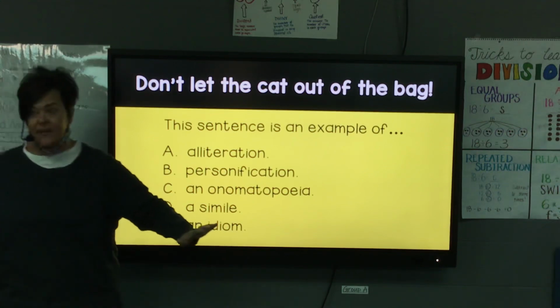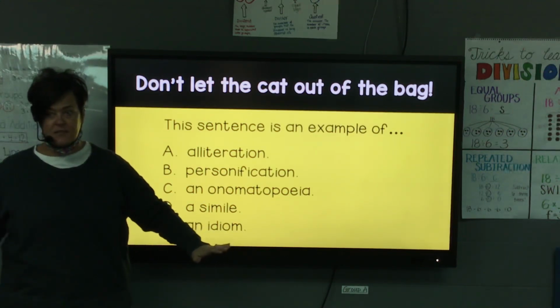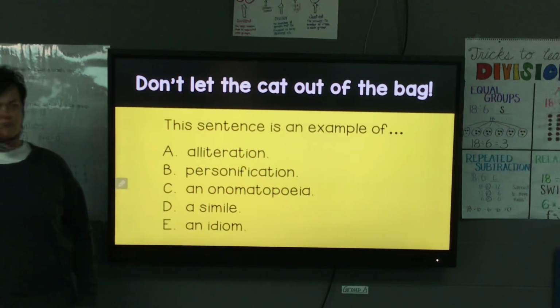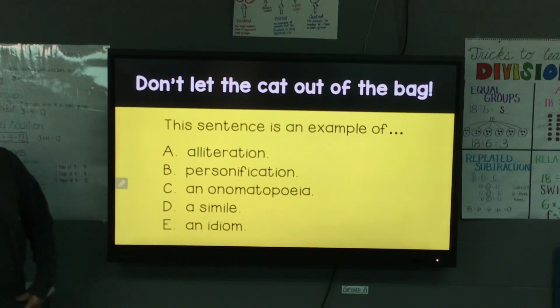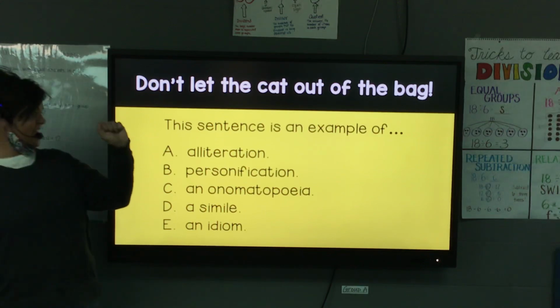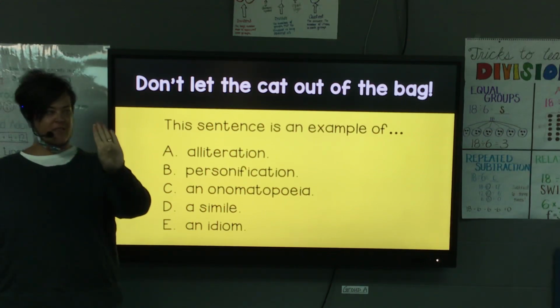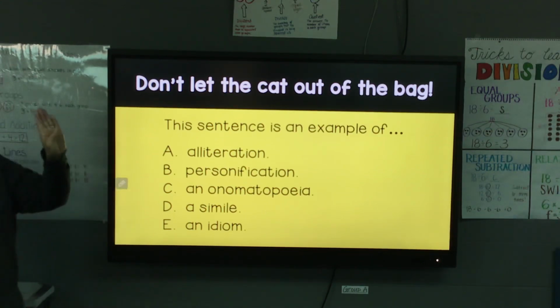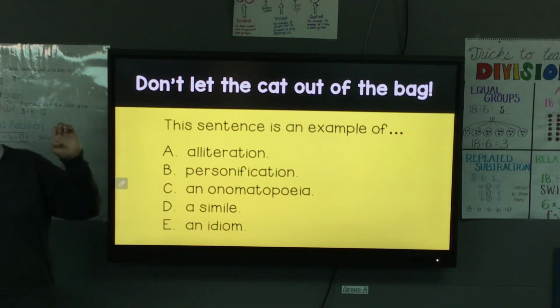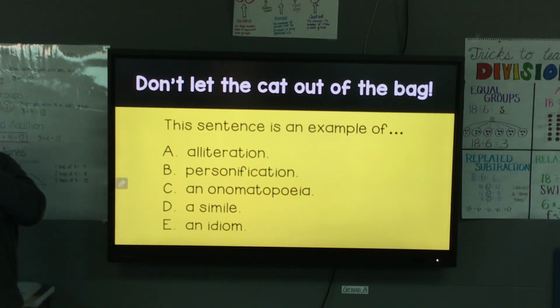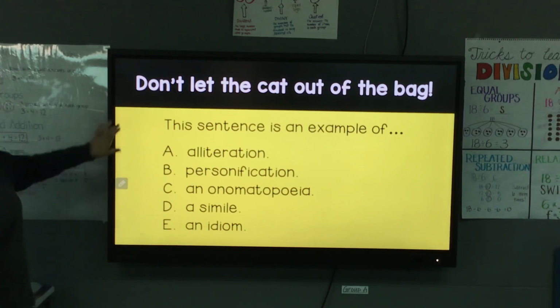Don't let the cat out of the bag. Which one do you think it is? Alliteration, personification, onomatopoeia, simile, idiom. Everybody's going with the same one this time.